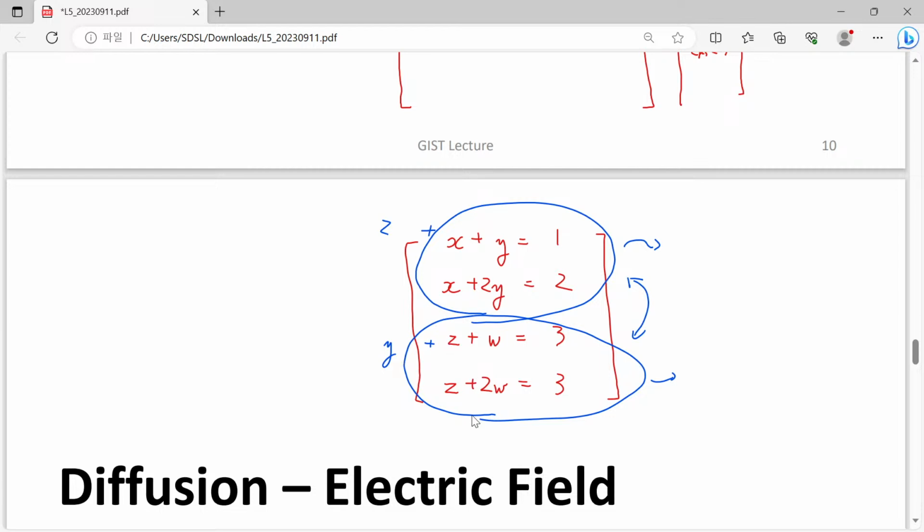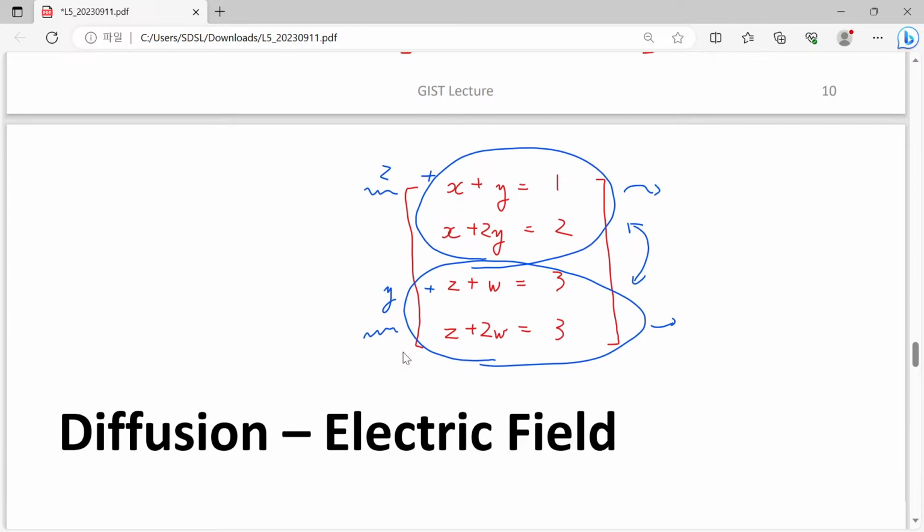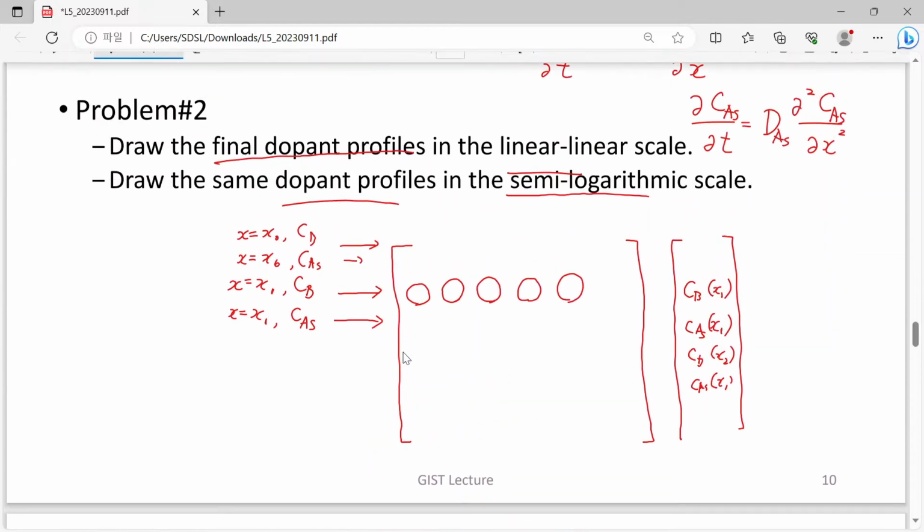Right now we are considering this red colored system, but later we will include this kind of interaction terms. That's the reason why we are currently making the 4x4 matrix for them, not taking two pieces of 2x2 systems. Okay, that was a good question.